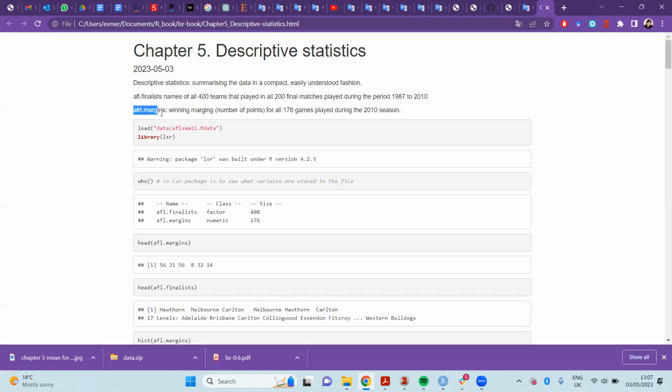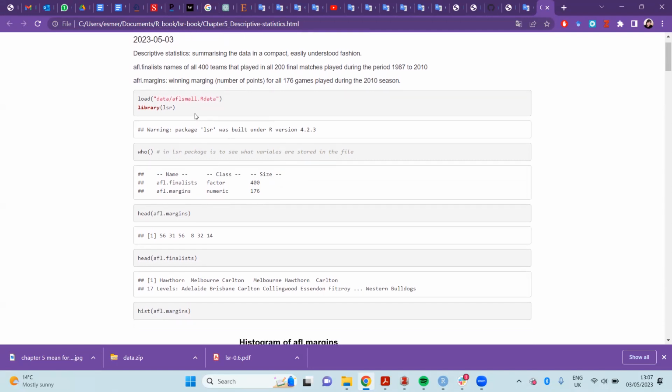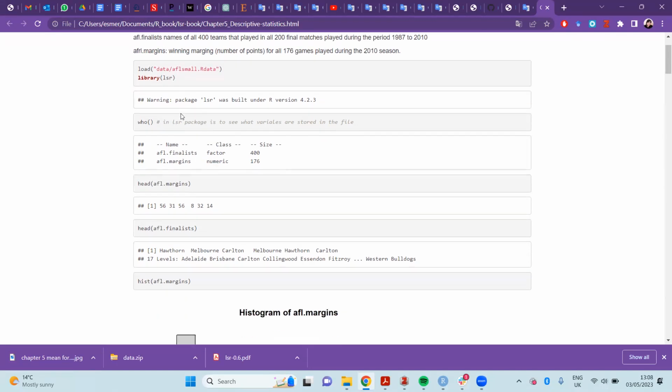And the second data set is called AFL Margins, which is the number of points annotated during the 2010 season. We upload the data sets, and we are going to be using a library called LSR, constructed specifically for this book.